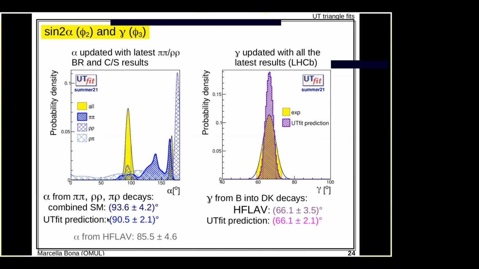But no, the prediction is just in the middle. So the prediction doesn't help to validate mine or HFLAV. No, both are compatible. I understand if you're taking the branching fractions from the rare decays and they're slightly different, then this could have an impact on these isospin relations.